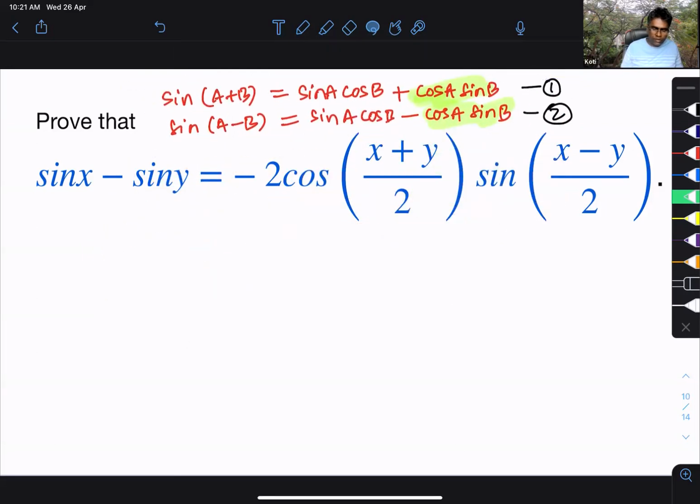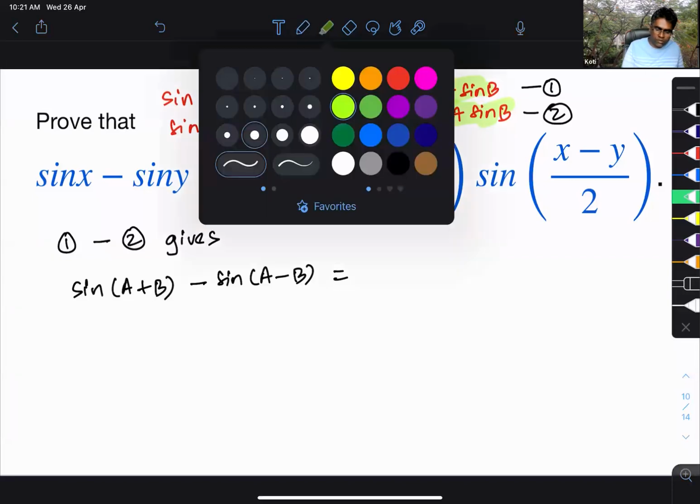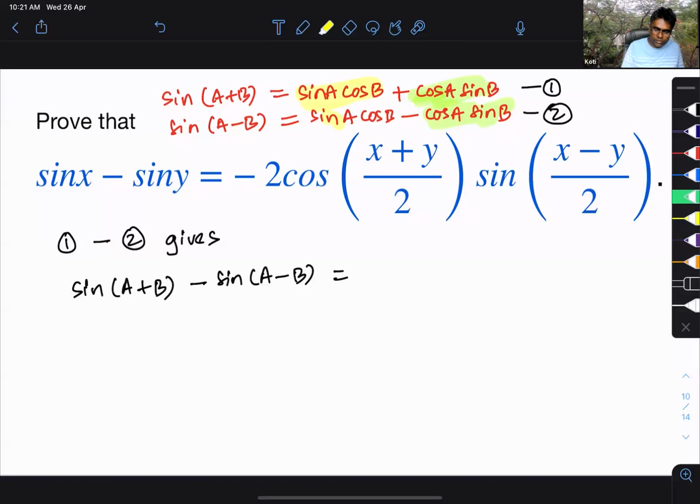And now if I do equation 1 minus equation 2, that is going to give us sine of a plus b minus sine of a minus b. This time the sine a into cos b terms, the first two things, will disappear, and the green shaded ones will remain. So what do you get here?